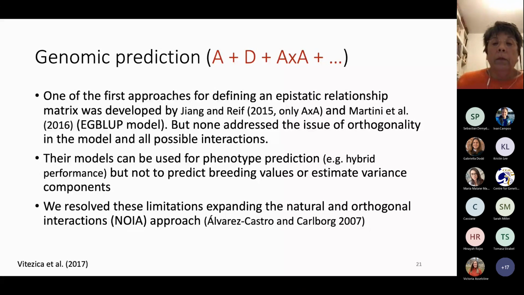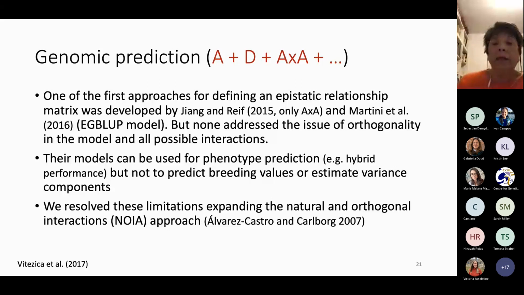Martini also works with this model, and they call it the EGBLUP model. But none address the issue of orthogonality in the model and all the possible interactions. Their model can be used for phenotypic prediction in hybrids, but not to predict breeding values or estimate variance components.